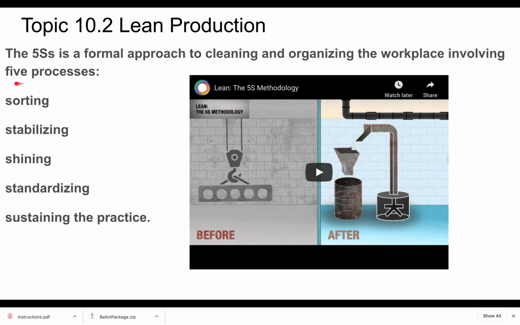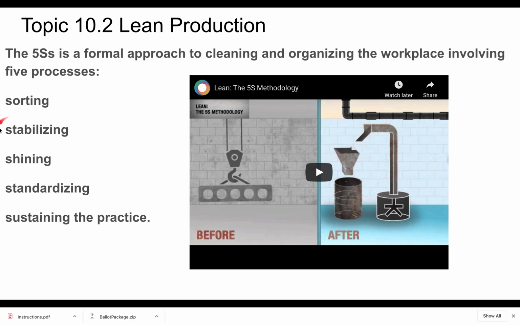Essentially what you're trying to do is make the production floor look clean and act in an efficient manner. In this video they talk about things like sorting. You basically sort what you need and what you don't need, and you put things that you need in places where you can easily find them, and things that you don't need on a regular basis away, or get rid of them.